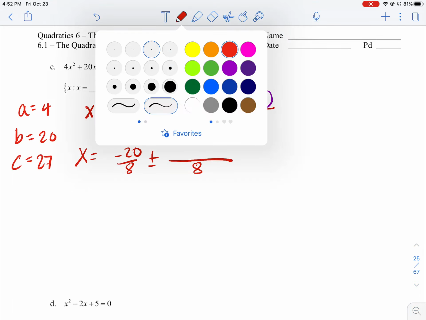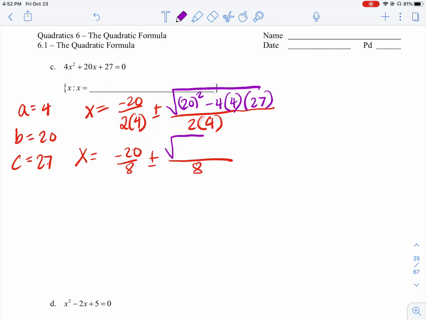And then the square root of 20 squared. What is that? 20 times 20 is 400. 4 times 4 is 16. Let me highlight that so you don't forget. I will multiply all of those numbers. So negative 4 times 4 is negative 16, right? Negative 16 times 27 is negative 432.